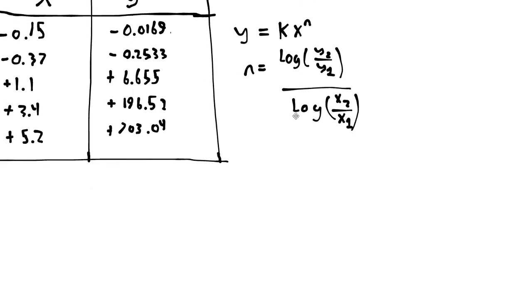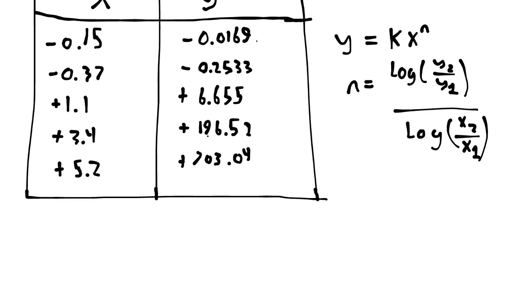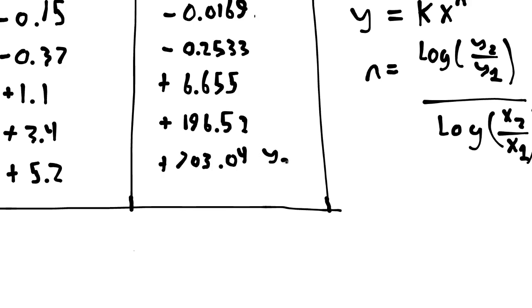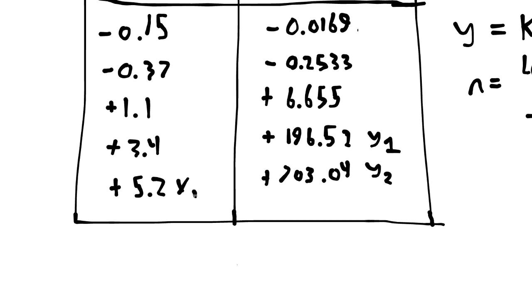So now for x2 and x1, these can be any corresponding values here, right? So let's say you picked this as y2, that would be y1. Of course, y2 has to be like later on, and then this is x2. Yes, this would be like x2, this could be like x1.